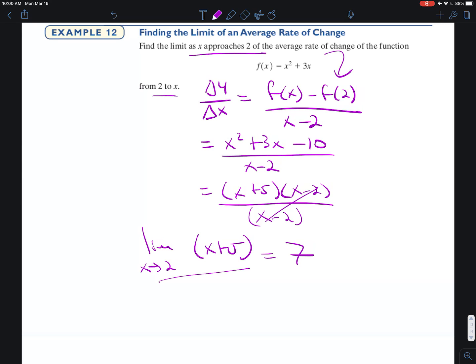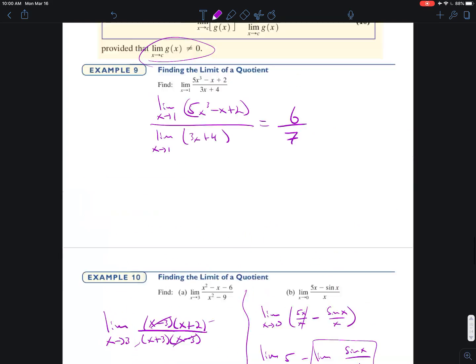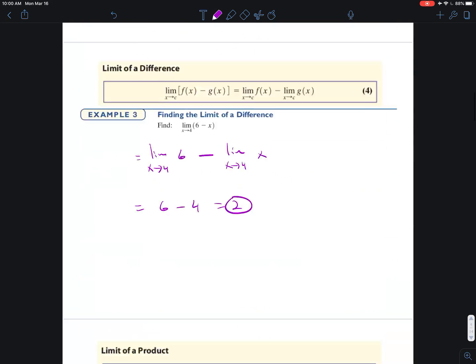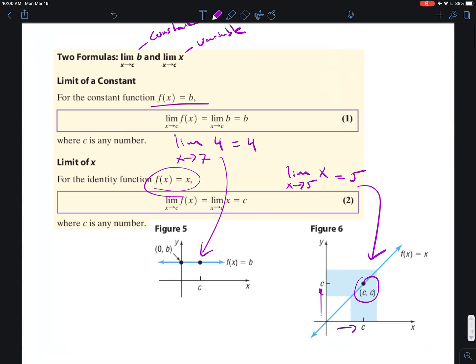It's the change in y over the change in x, or f of x minus f of 2, these are both y's in the numerator up here, divided by the change in x, x minus 2. So that should help you get started, and refer back to these for the problems on the homework. Otherwise, I will see you in our Zoom meeting either later in the period or next class.